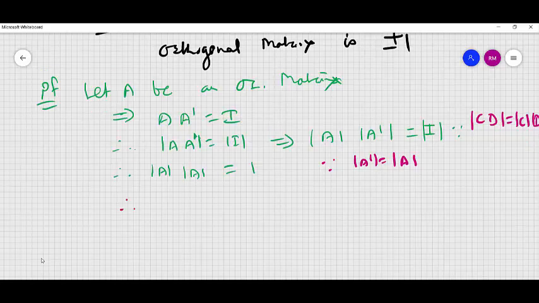So this implies determinant of A squared is equal to 1. This implies determinant of A equal to, taking square root on both sides, plus or minus 1. So in this way we proved determinant of orthogonal matrix is either 1 or minus 1.